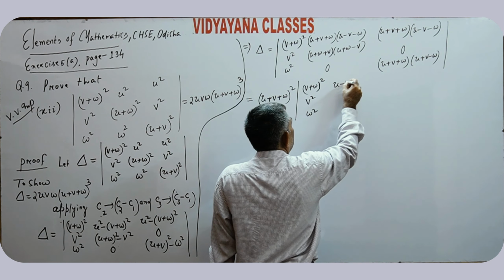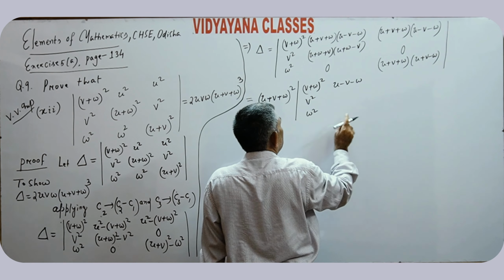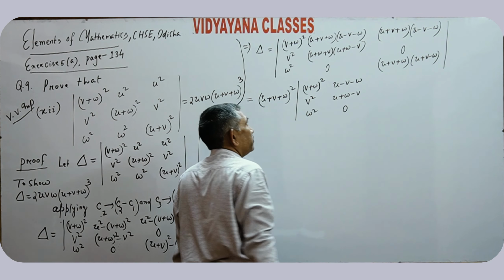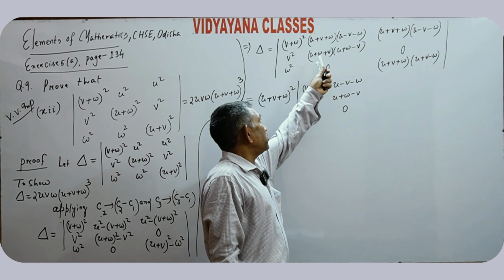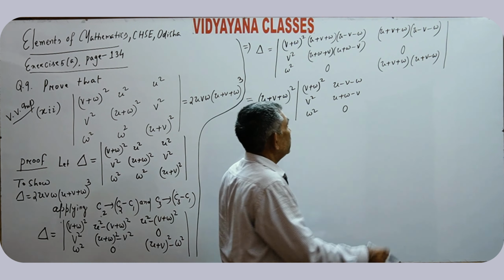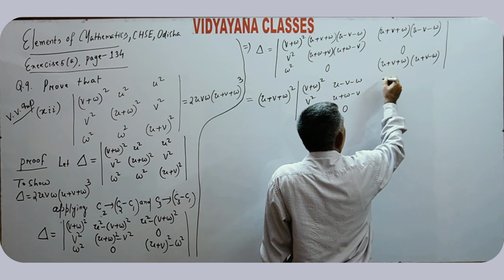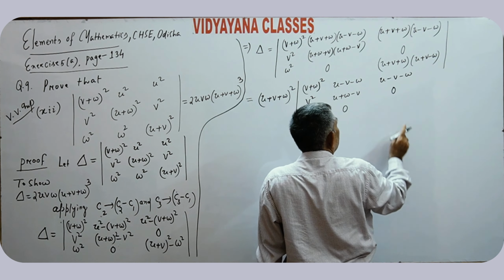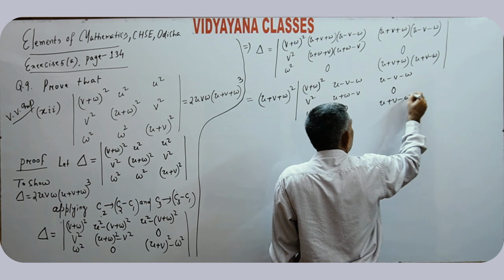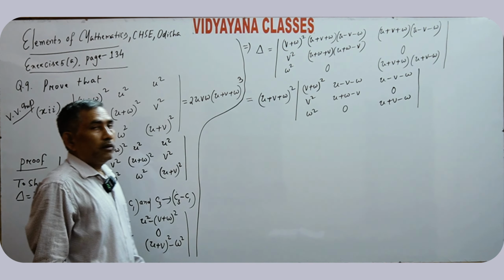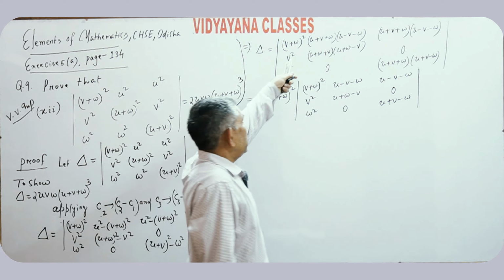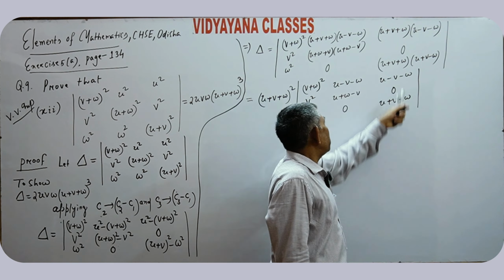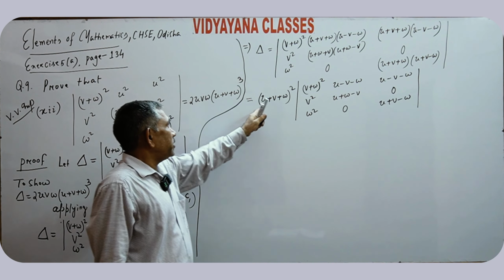It is u minus v minus w, u plus w minus v, and it is 0. 0 into u plus v plus w is equal to 0. Here u minus v minus w, 0, u plus v minus w. Here u plus v plus w, taking from column 2 and column 3, which is same as this.